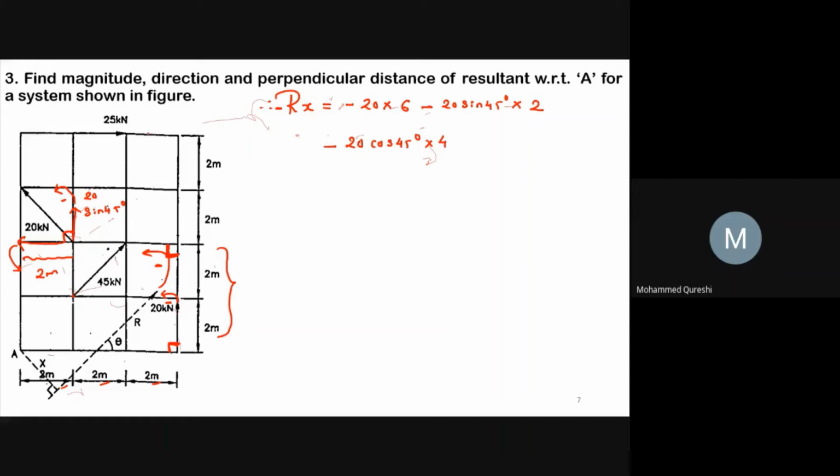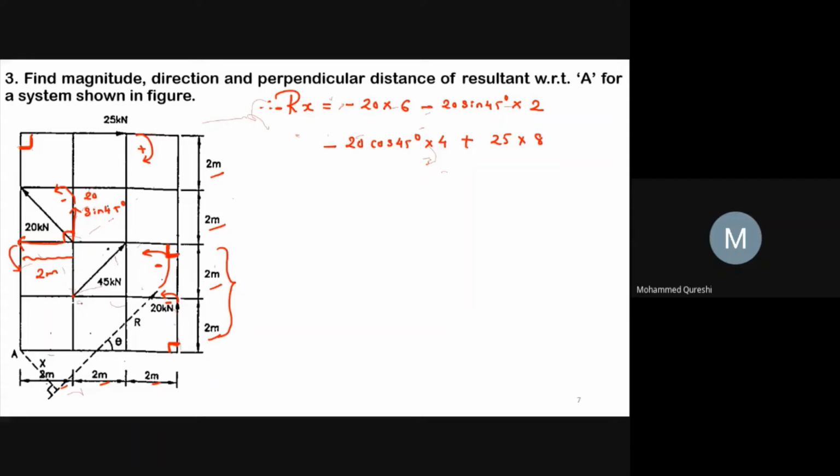Then 25 kilonewton. This will move towards point A in clockwise direction, and it makes a perpendicular distance of 2, 2, 2, 2, that is 8. So plus 25 into 8.